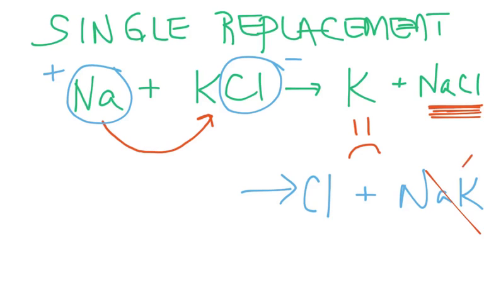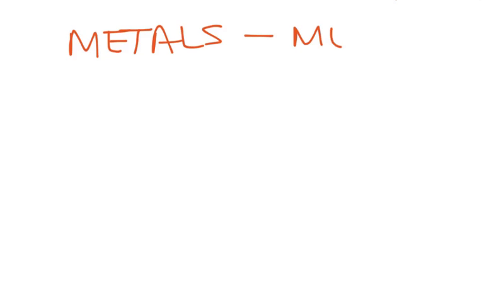That doesn't work. They actually can't do that. They're both positives. So we need some kind of rule to follow with single replacement reactions. So what you guys have to remember is that metals replace metals. Okay, positives replace positives, metals replace metals.